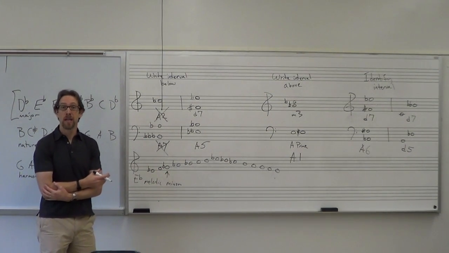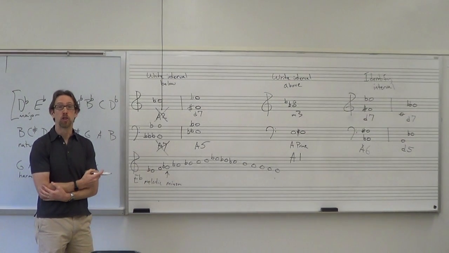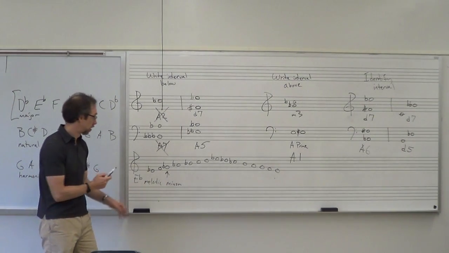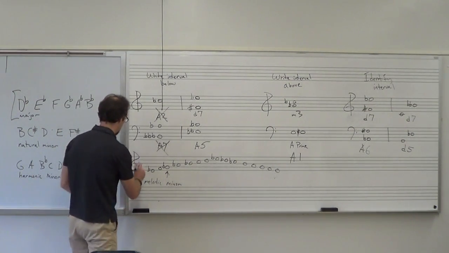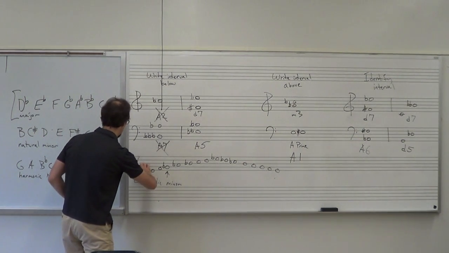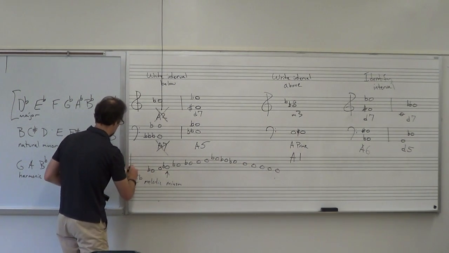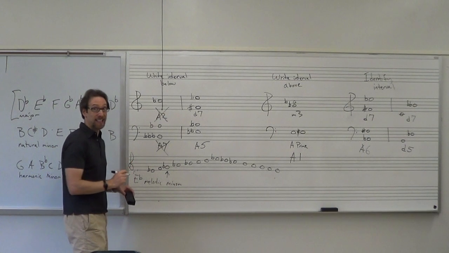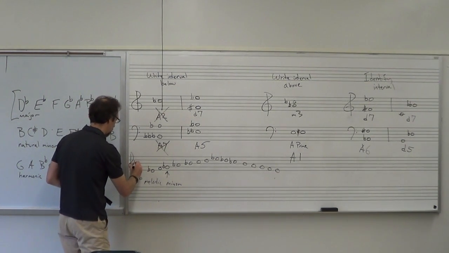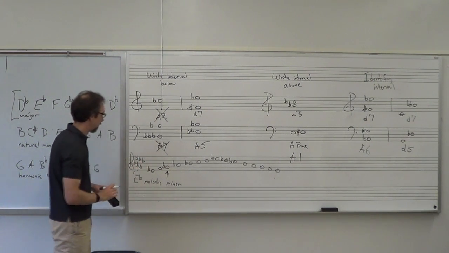So the relative major to E flat minor is G flat major. G flat major, I'm going to give myself a little more room here, has 6 flats. B flat, E flat, A flat, D flat, G flat, C flat.